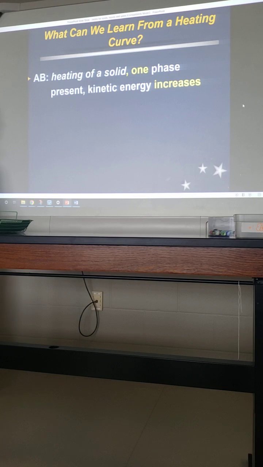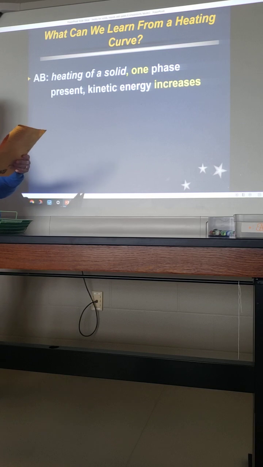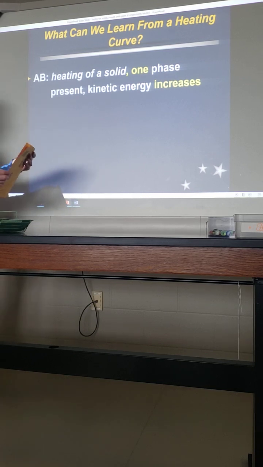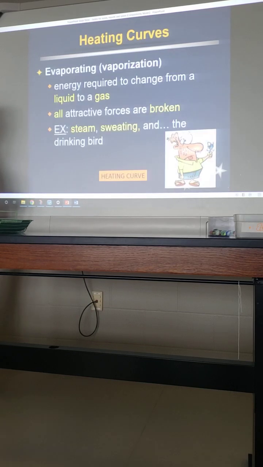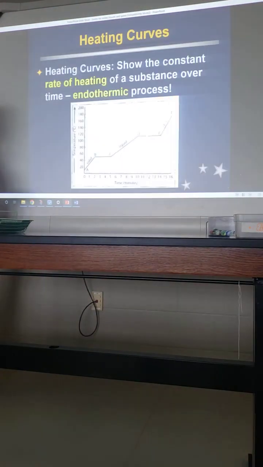There'll be one somewhere. Okay, so AB, if you look off to the bottom right corner of your page, and then if you turn it over, that same graph is repeated, just so that you can see those segments. All right, so we're gonna be looking at what goes on, and we're gonna be looking back at this graph.